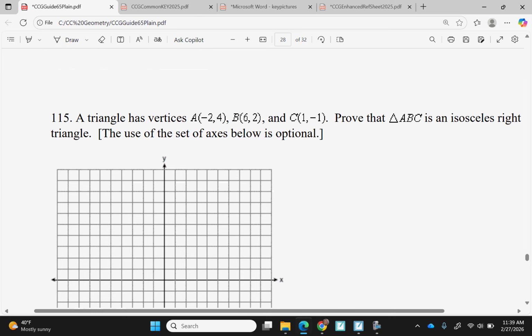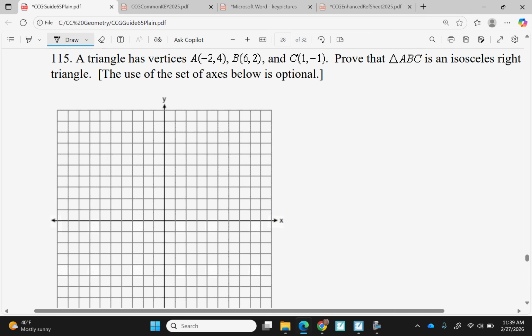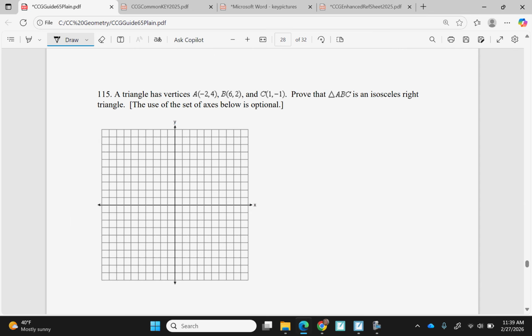So it wants me to prove that there's an isosceles right triangle. So step one, I'm going to write what they want me to prove because I'm going to try and keep some space here.